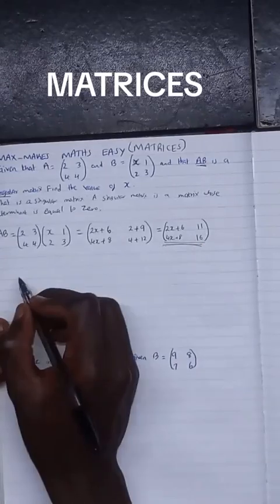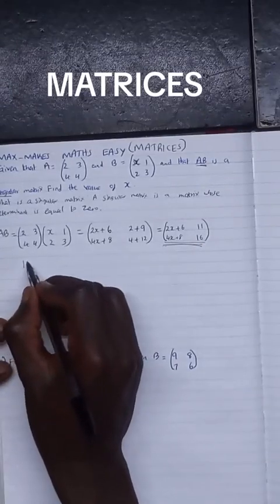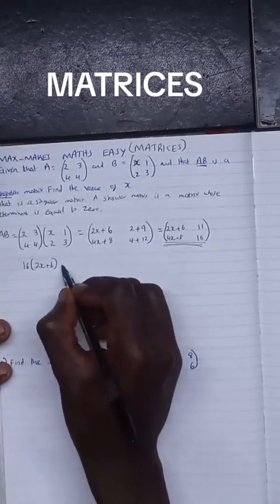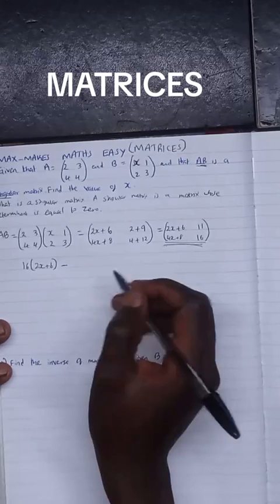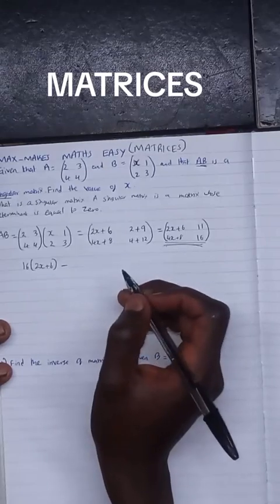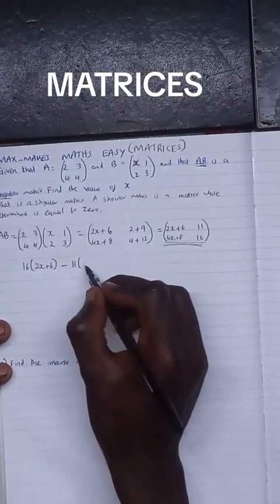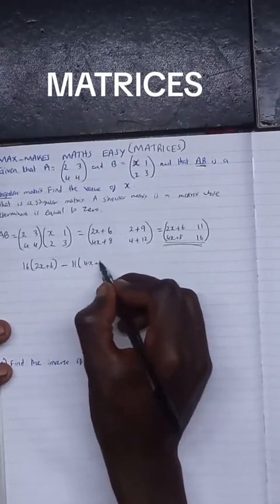So this is 16 multiplied by (2x plus 6), minus 11 multiplied by (4x plus 8).